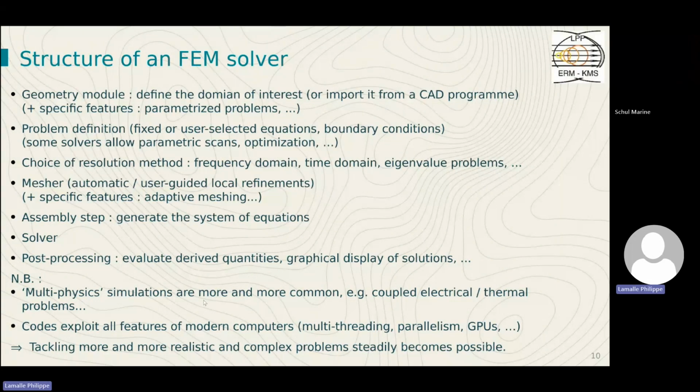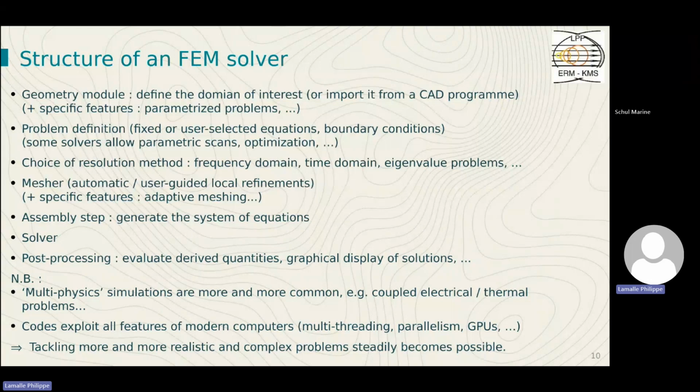Okay. I would stress here that multi-physics simulations are more and more common, where you not only solve, for instance, an electrical problem, but since the electrical problem allows you to compute the ohmic losses, for instance, associated with a solution, you can then input these losses to a thermal analysis solver and make some coupled simulations between electrical and thermal phenomena.